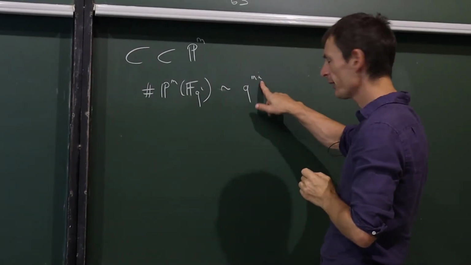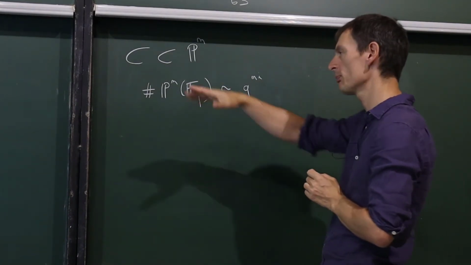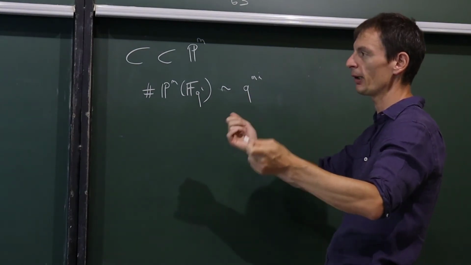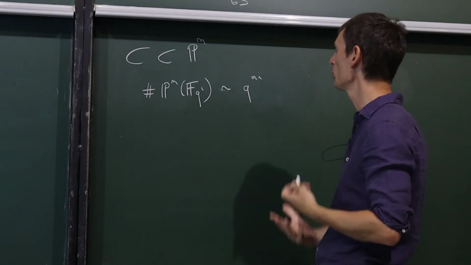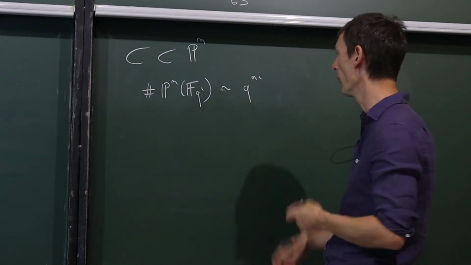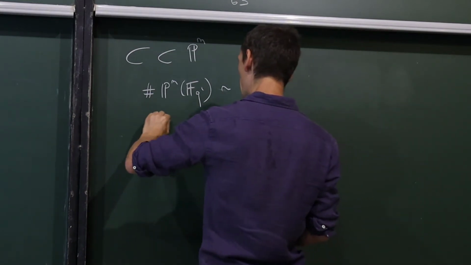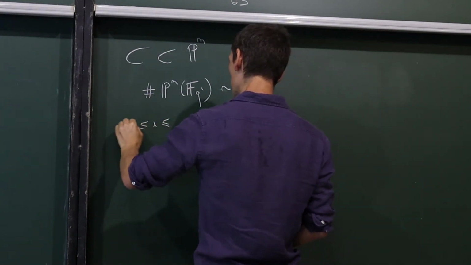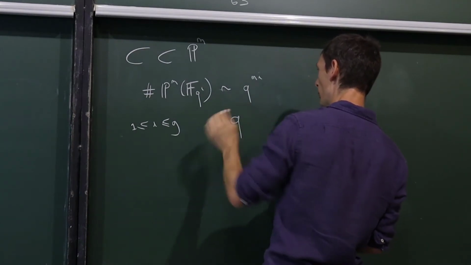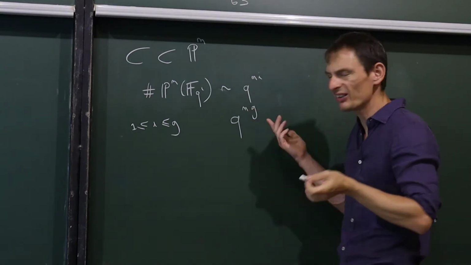And I said you have to go up to 2g, or even maybe g, if you take into account that if you know alpha i, you know alpha i bar, so what you need is only to determine really g numbers, g roots. So let's say you take i up to g. So at worst, you will have a number of points to try that would be q to the n g. And what is n in general?